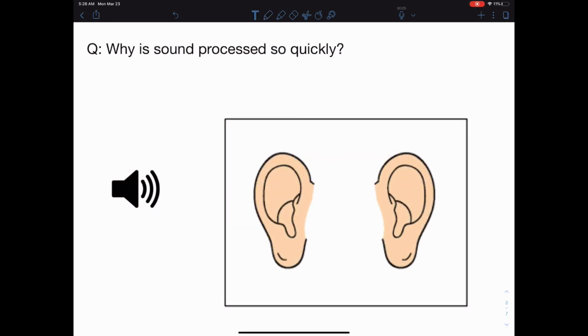So the next question I would like to address is, why is sound processed so quickly? I mean this in terms of the transduction process, where you are taking a mechanical stimulus to an electrical signal inside the hair cell. This process is uniquely fast in comparison to the other sensory transduction processes.